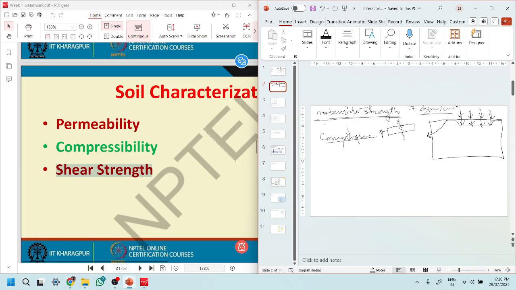Mostly failures take place in shear. If you have a foundation here, what can happen is, if there is a shearing failure, a shear plane is developed, this kind of failure surface can develop, and then soil can come out from here, and this foundation can sink in like this.